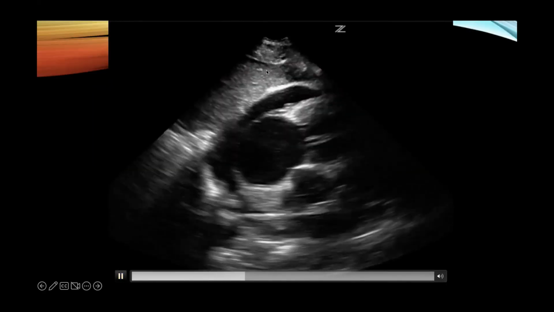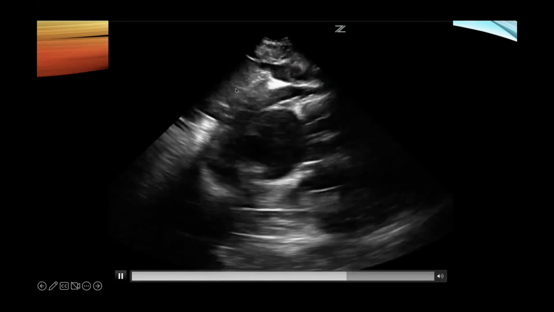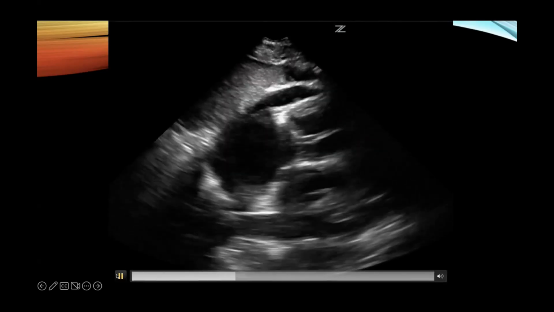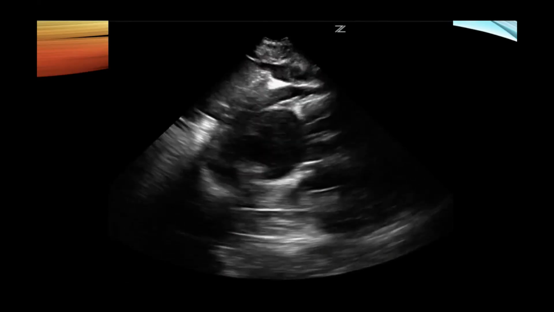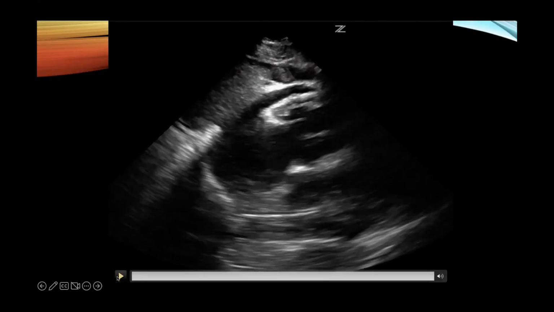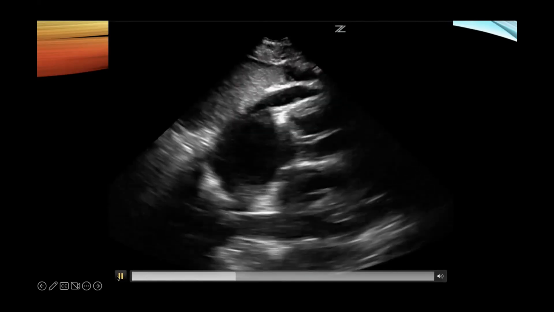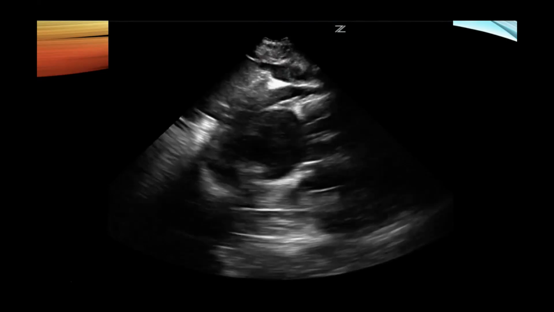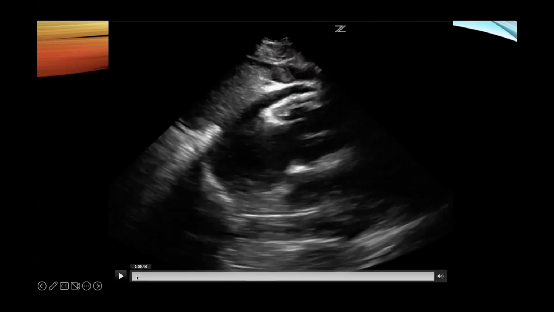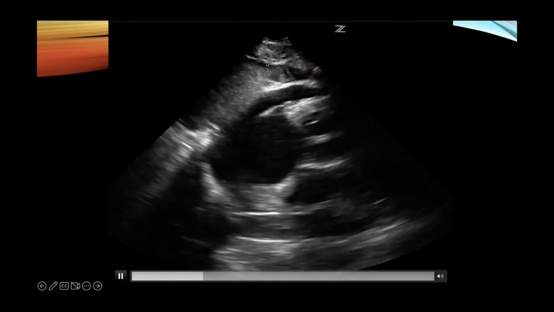Do you see fluid anywhere else besides just around the heart? Let's see. I definitely see it around the heart. Is there also some near the descending aorta that I'm seeing, or no? I don't really see that.